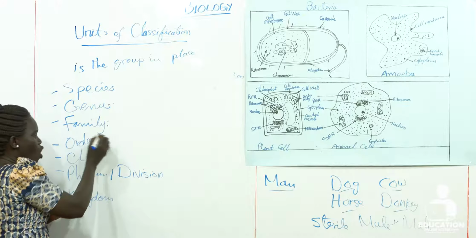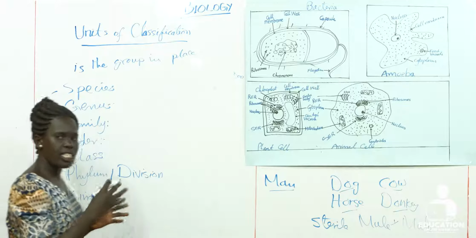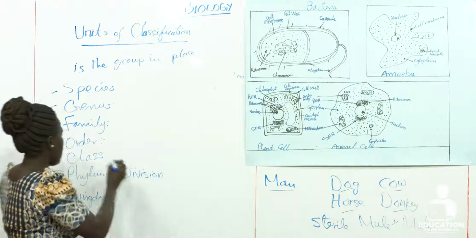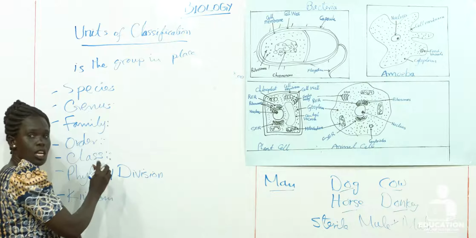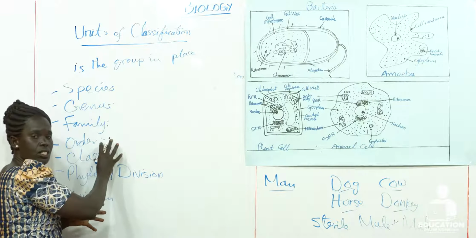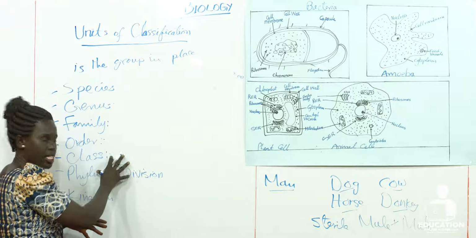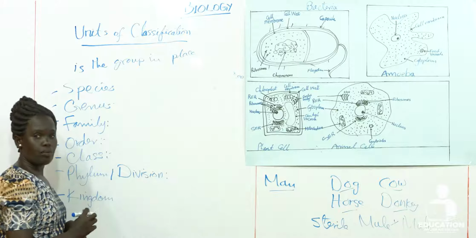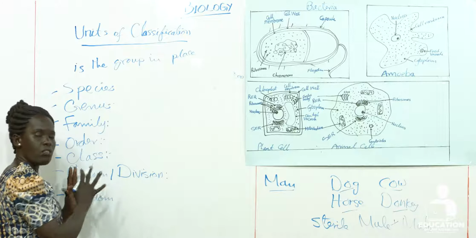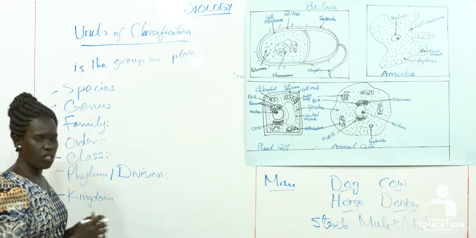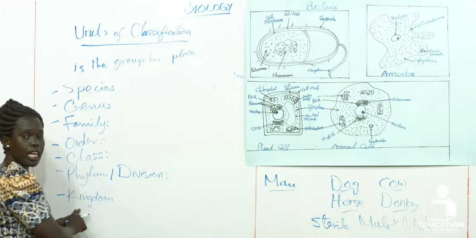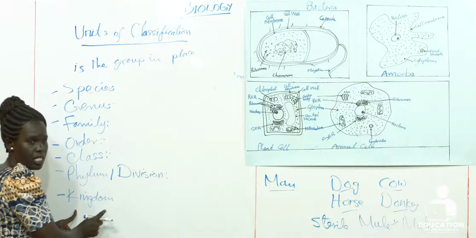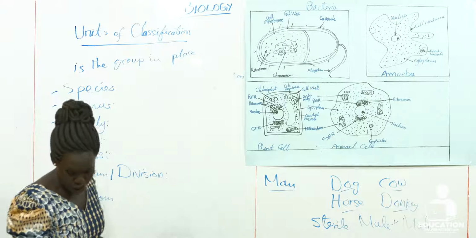The group of orders with the same characteristic will make up what? Class. A group of different classes sharing the same characteristic will make up phylum or division. Then the group of different phyla or divisions will give us kingdom. That's why we say this is the largest group of living organisms.